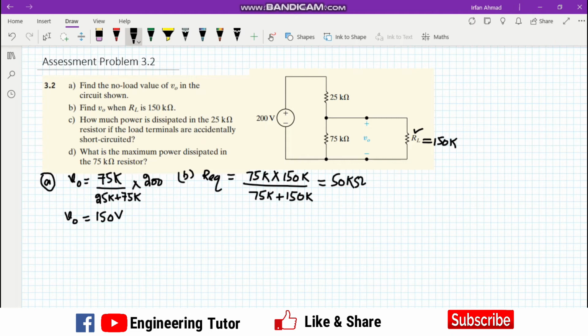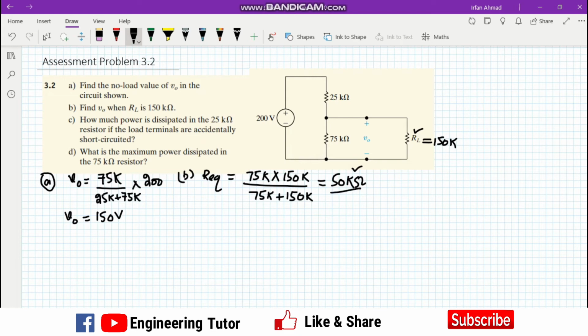We can also see here that initially it was 75k. By connecting a very high resistance, this 150k, which is double the already available resistance, we can see a sudden decrease in the available resistance.